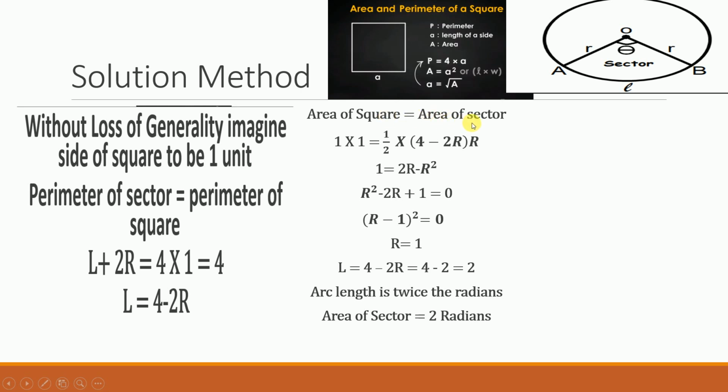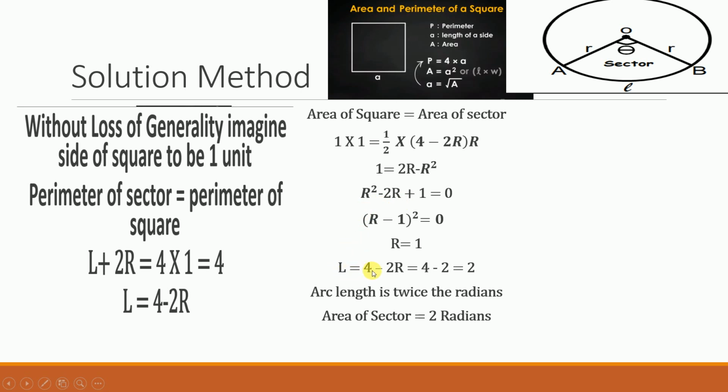As the side of the square is 1, area becomes 1 into 1, 1, and area of sector is half into 4 minus 2R into R. We have substituted L in terms of R, and after careful simplification, we are getting R minus 1 whole square is equal to 0, which gives R is equal to 1. So what is R is equal to 1 means?